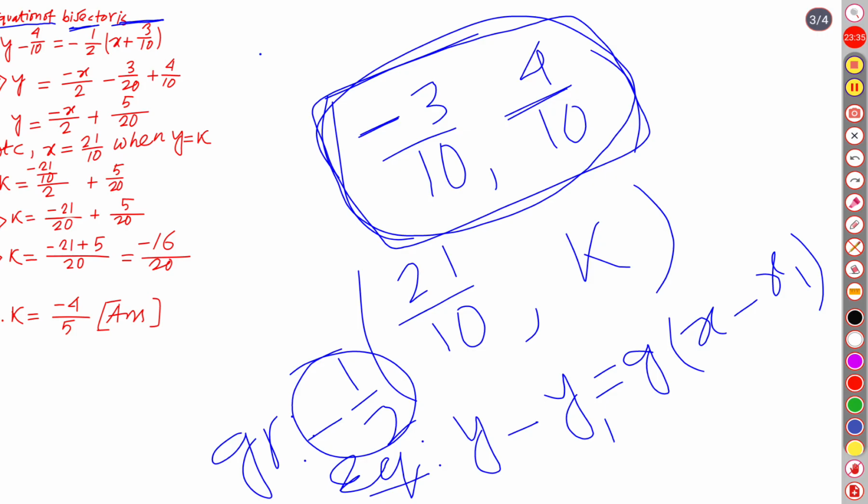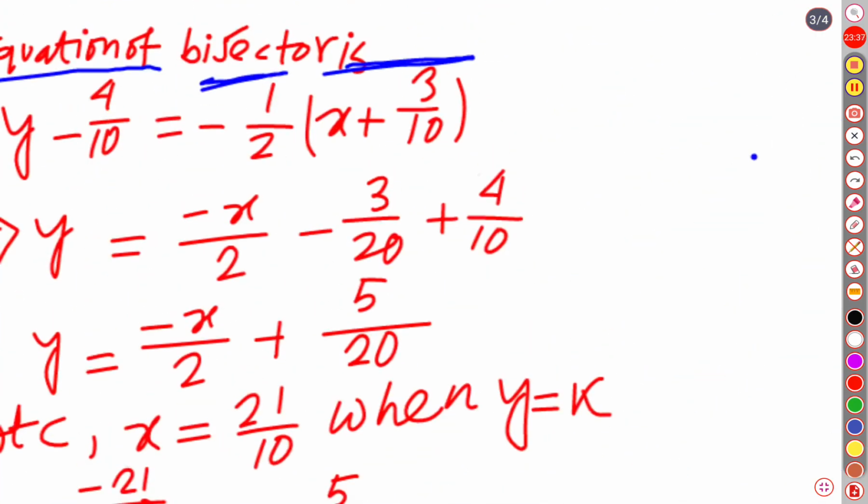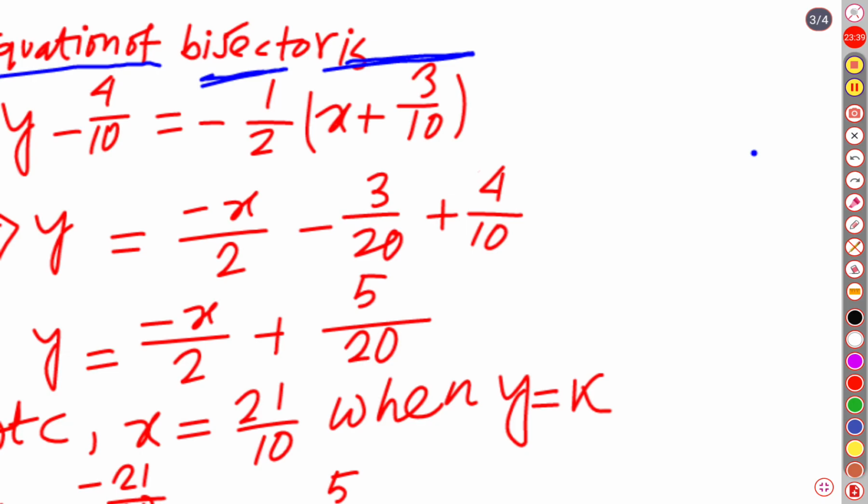After simplifying this, what will we get? We get y is equal to negative x over 2, and if half multiplies this, it is negative 3 over 20, and this minus 4 over 10 has been transposed to the right side and has become 4 over 10.